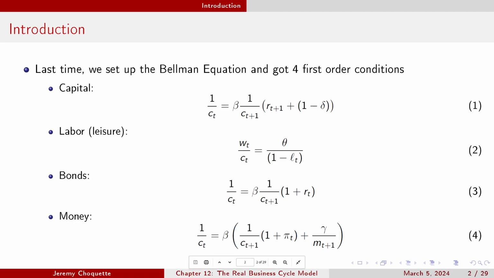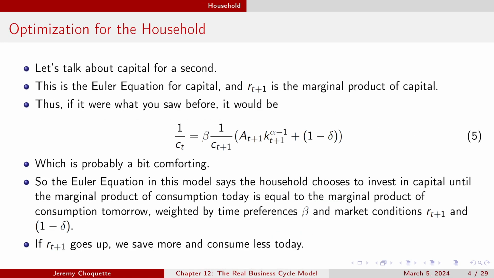Here we go. R_{t+1} minus delta. Whereas here, for the neoclassical growth model, it was alpha times A times K to the alpha minus 1. Kind of like what we see here.